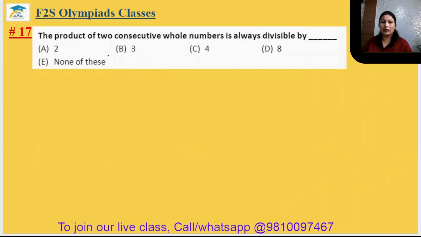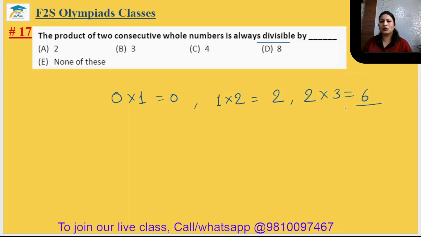Question number 17. The product of two consecutive whole numbers is always divisible by. Let's try to understand it with an example. Two consecutive whole numbers. Suppose if we take 0 multiply 1, it will be 0. It is divisible by 2. If we take 1 multiply 2, so 2 ones are 2, divisible by 2. 2 multiply 3, divisible by 2 again.